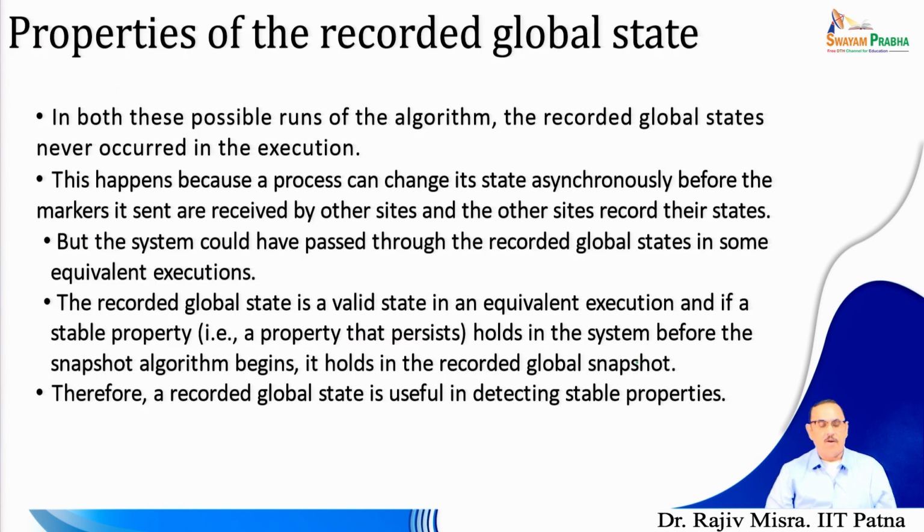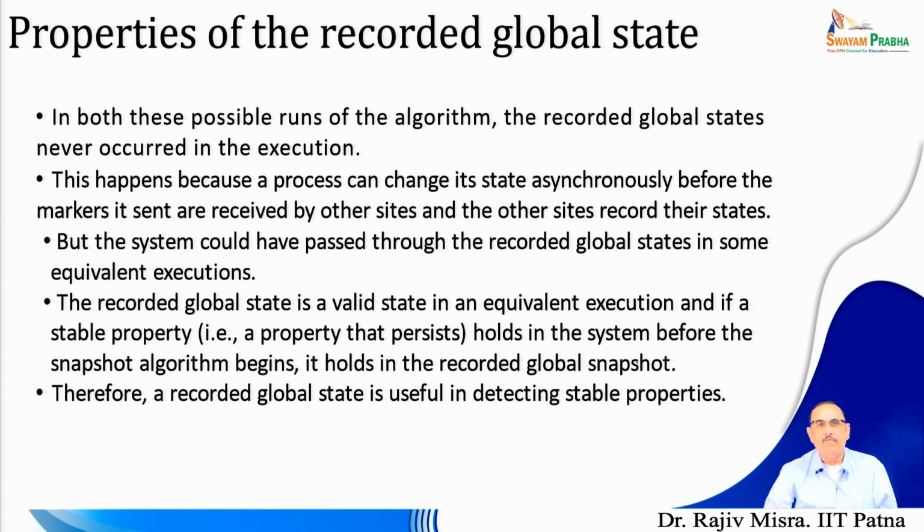Let us see the properties of the recorded global state. In both of these possible runs of the algorithm, the recorded global state never occurred in the execution. This happens because a process can change its state asynchronously before the marker is sent or received by the other sites, and the other sites record their states.